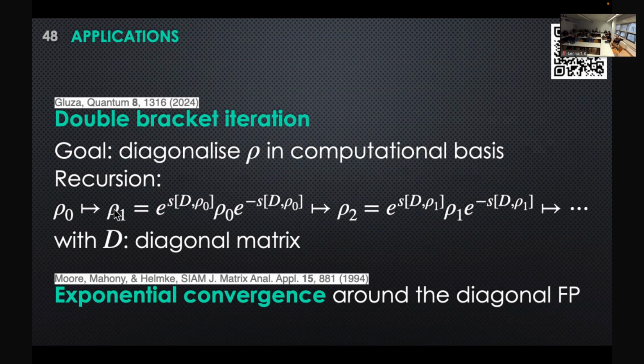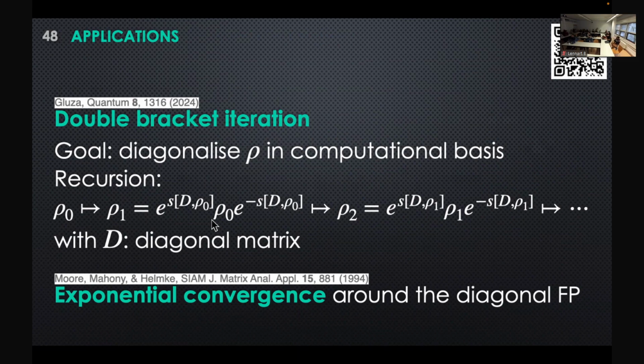And the recursion is in this form, where rho is evolved by the exponential of the commutator with some diagonal matrix, diagonal in your preferred basis. And it is proven that this kind of iteration is exponentially converging, which we need for the quantum dynamic programming. So we can actually apply our quantum dynamic programming for this.